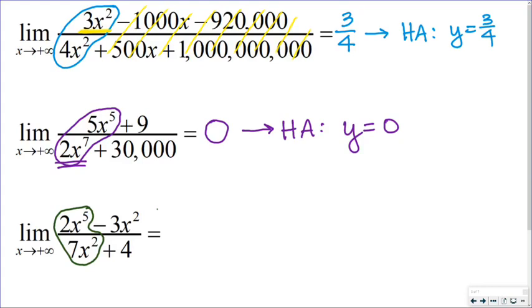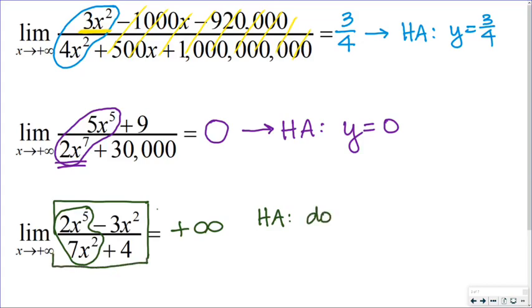And the limit of this function is going to be positive infinity. Now, that doesn't directly tell me where the horizontal asymptote is. I would need to do further explanation if I wanted to graph this function and show the horizontal asymptote. I would have to do the long division implied by the problem to find that asymptote.